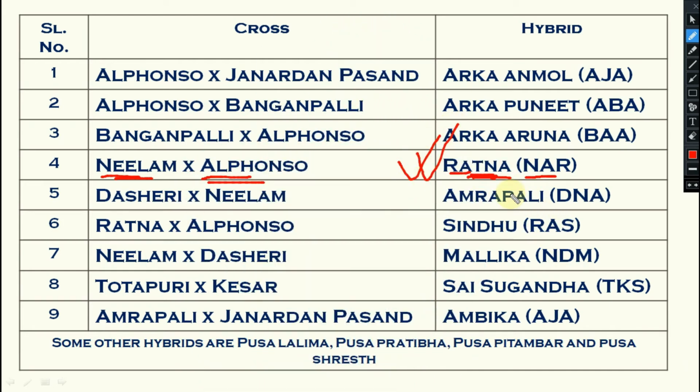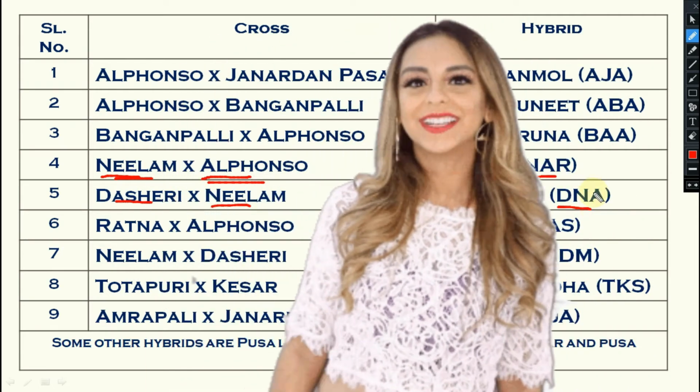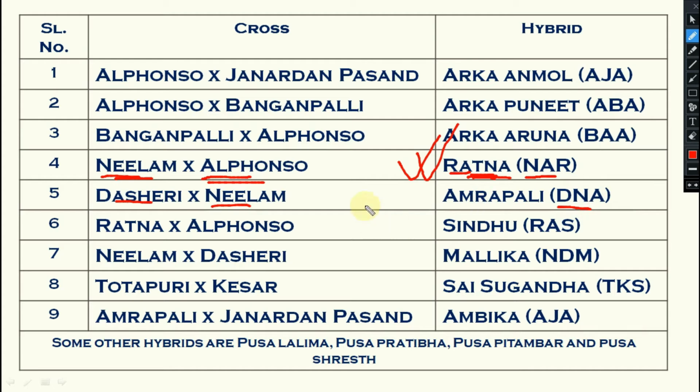Next, Amrapali, very important. You also know that one, yes or no? Amrapali is a cross between Dasheri and Neelam. This is easy to remember. You see DNA. Dasheri, Neelam, that will make Amrapali. Very important. This is a dwarf variety.